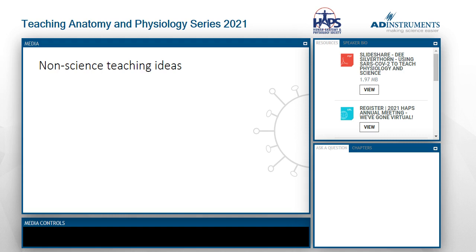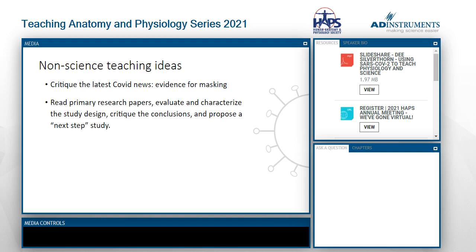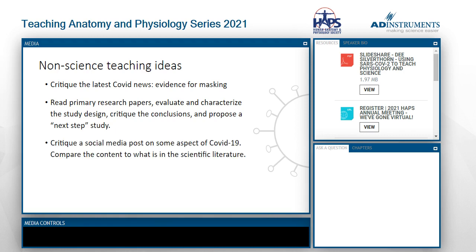Depending upon your students, there are some other fun things that you can do with them. Having them critique the evidence for masking. And as I said, the Annals of Internal Medicine has some links to great articles where they can look at the science. You might pick one of these and have them critique the study design and the conclusions, and maybe even propose how they might do the science differently. Picking a social media post.